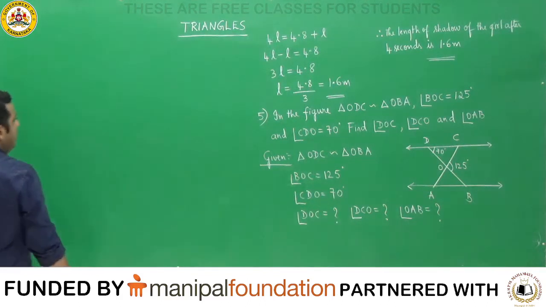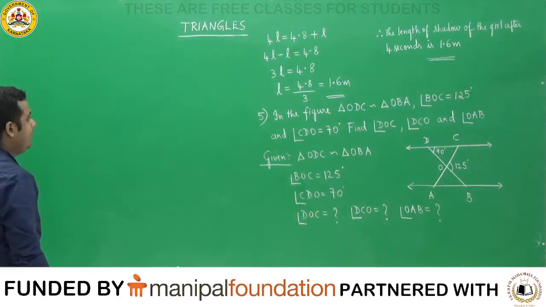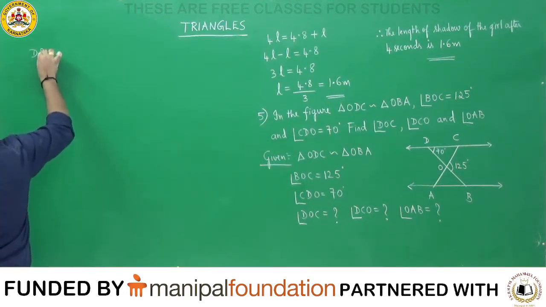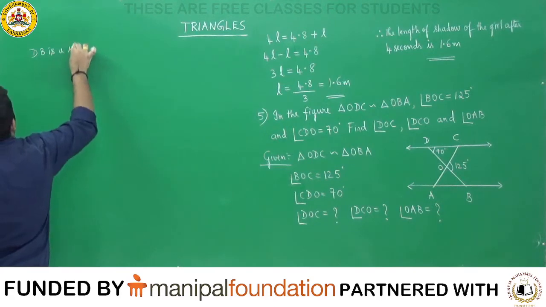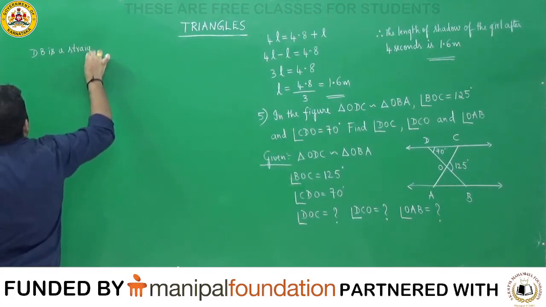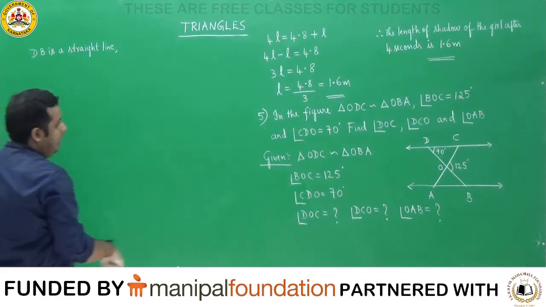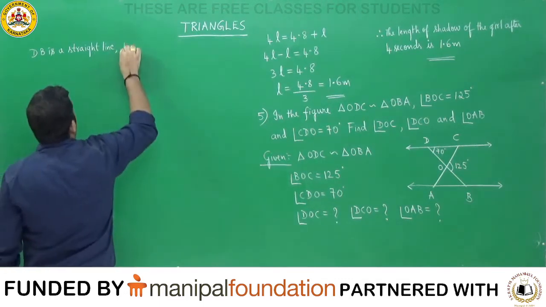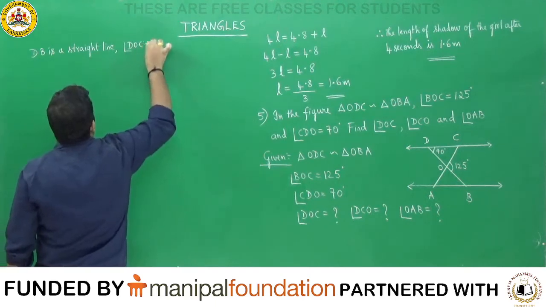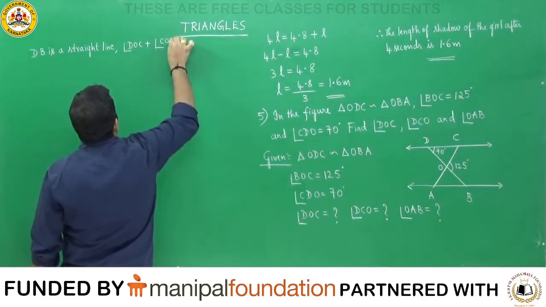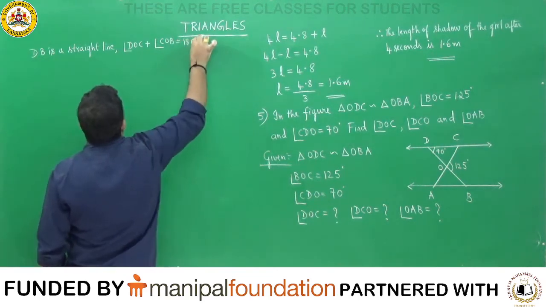Now if you see, DB is a straight line, right? So I can say, if DB is a straight line, angle DOC plus angle COB is equal to 180 degree.